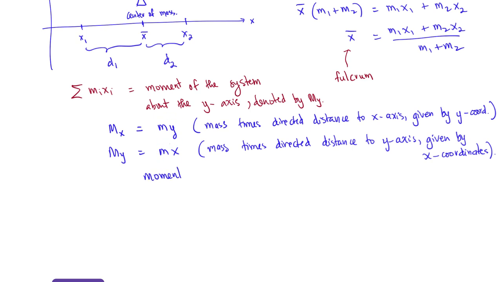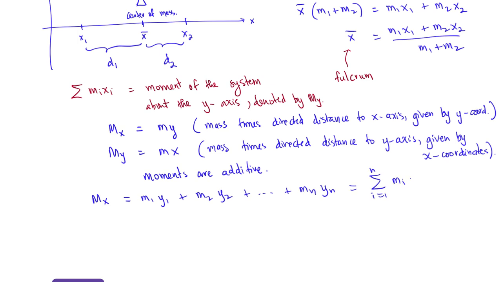Moments are additive. That means the moment about the x-axis is the sum of each of the moments, and each of the moments is mi yi. Thus, Mx equals m1 y1 plus m2 y2 plus ... plus mn yn.